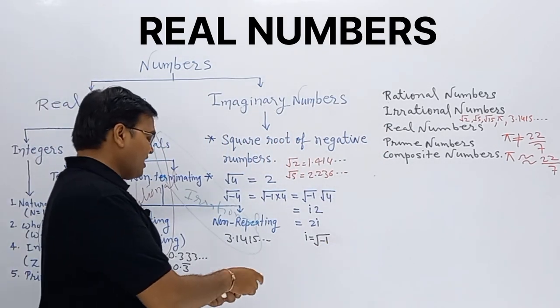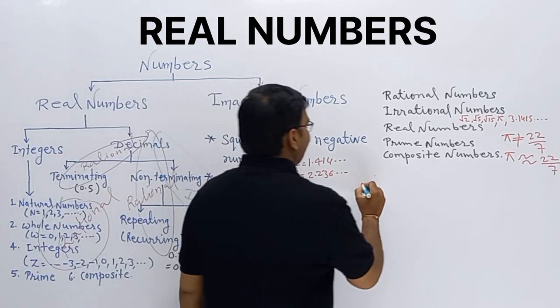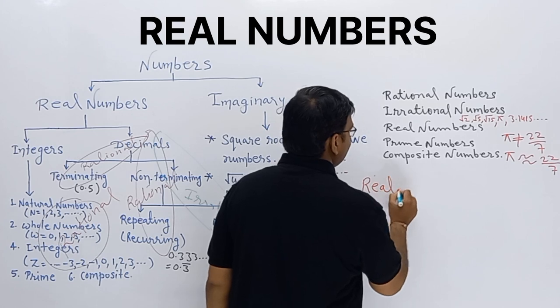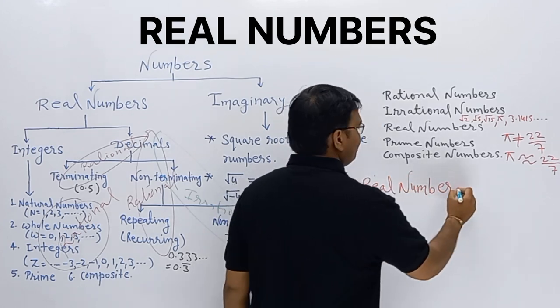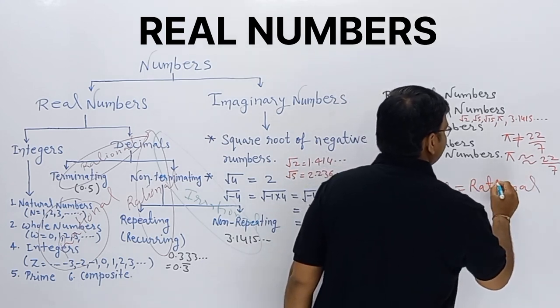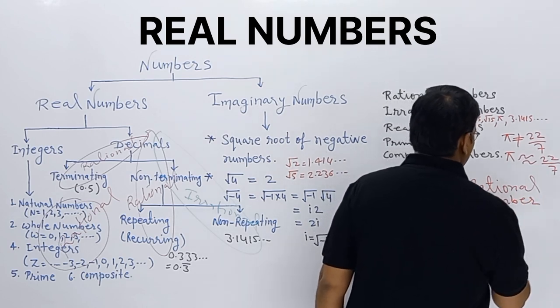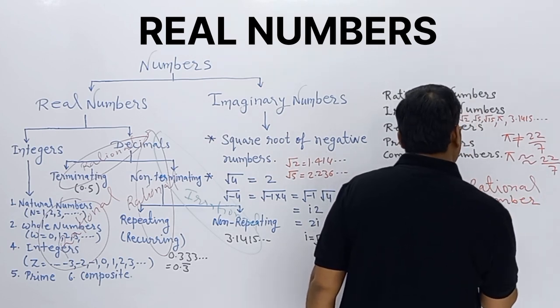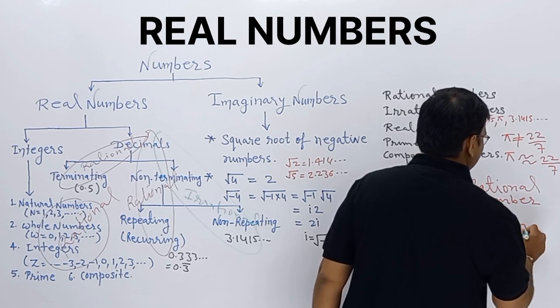We studied various types of numbers, so we can say real numbers are the combination of rational numbers and irrational numbers.